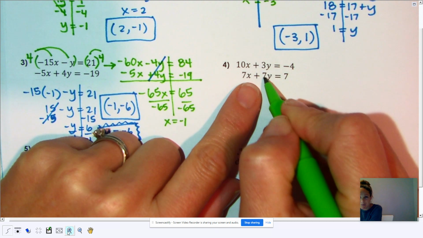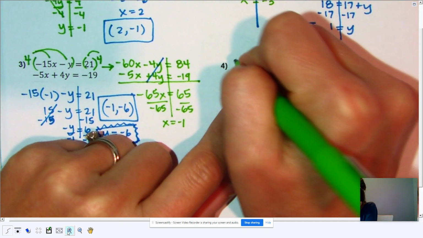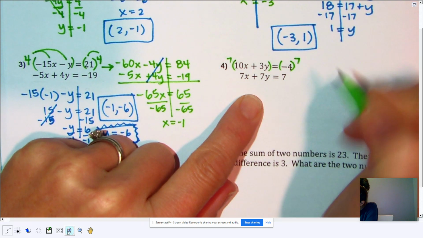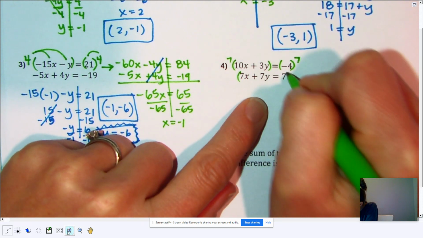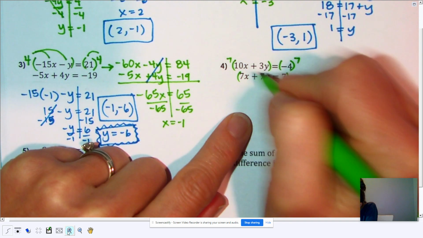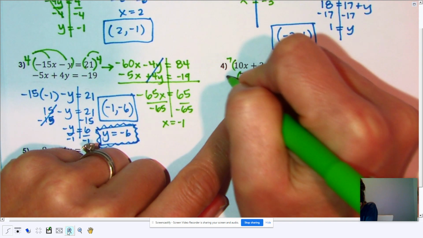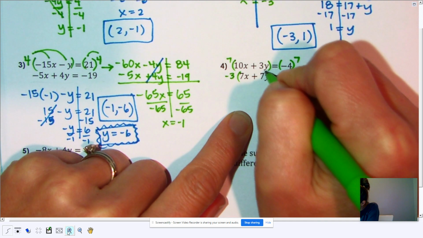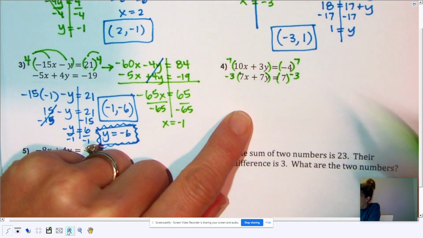So I know 3 and 7 both go into 21. So I'm going to multiply this top equation by 7. And then I'm going to multiply this bottom equation by negative 3, on both sides.